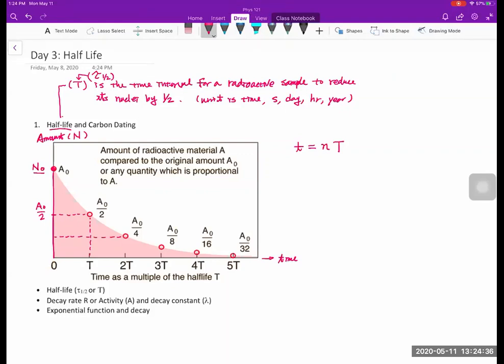So T is the half-life. This small t represents the time period starting from 0, and this n here represents how many half-lives are equivalent to t.